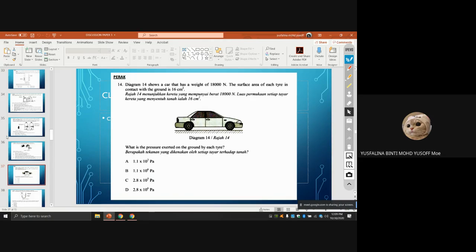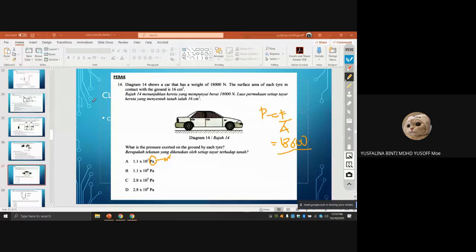Since it asks about each tire, we use the formula P equals F over A. Because they use the unit Pascal here, we need to change to meters.